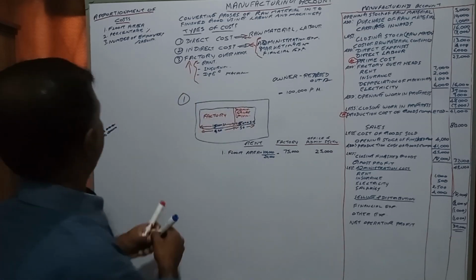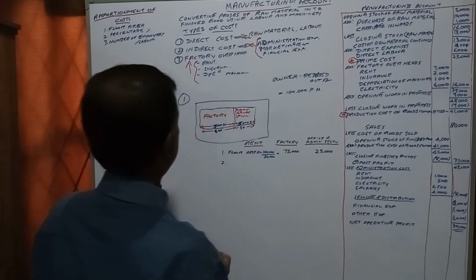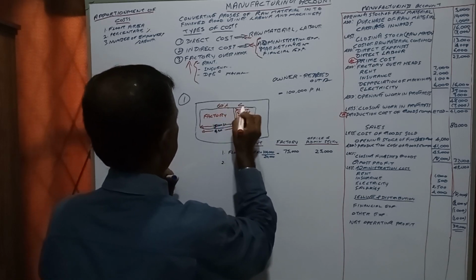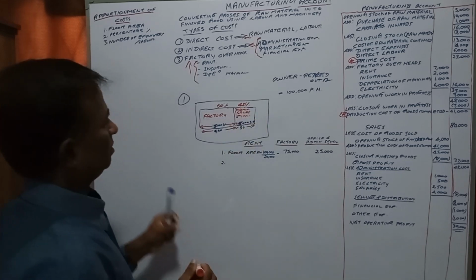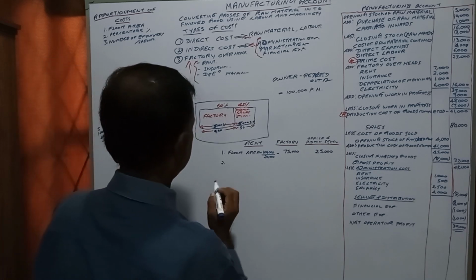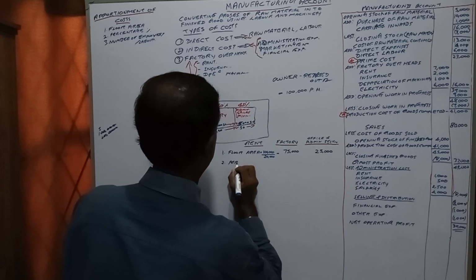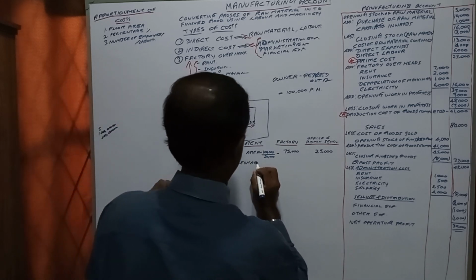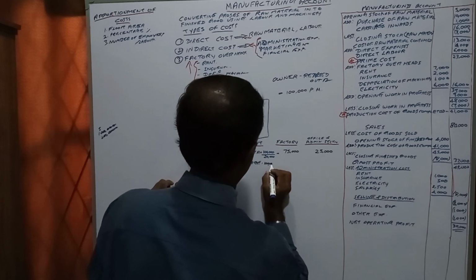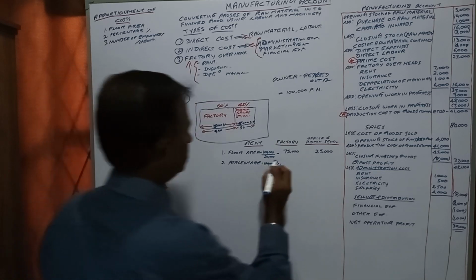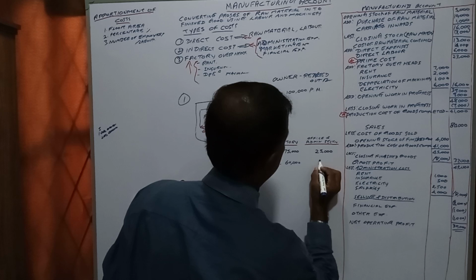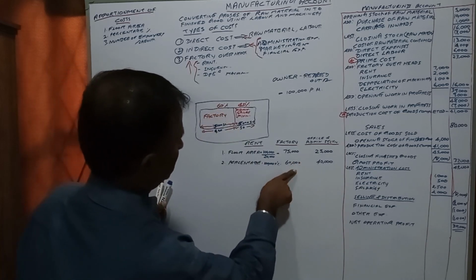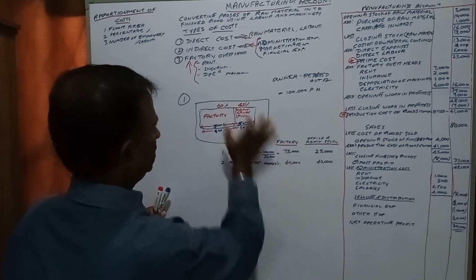If you calculate based on percentage, if they say you calculate 60% to the factory and 40% to the admin, that means here 100,000 into percentage: 100,000 into 60% is 60,000 here, and here you will charge 40,000, 100,000 into 40%.